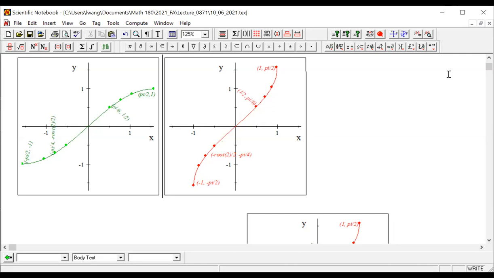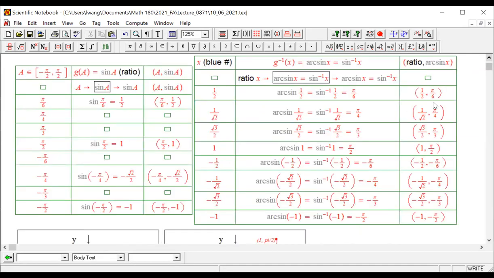We can give it a new name. We can. What name do you want to call it? It's a restricted version of sine, or the one-to-one version of the sine function. Sure, you can do that. Thank you.